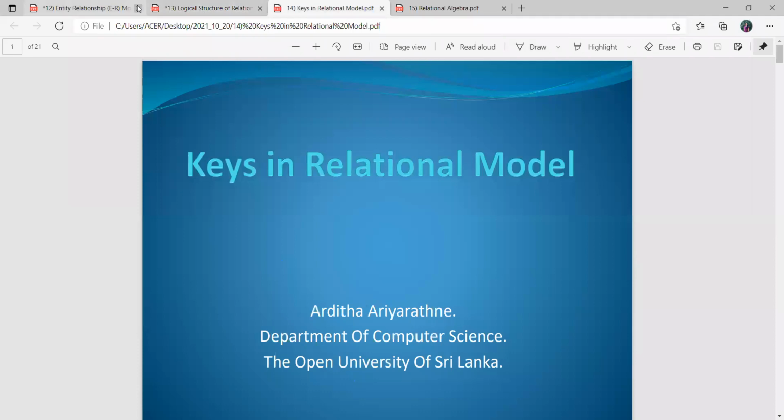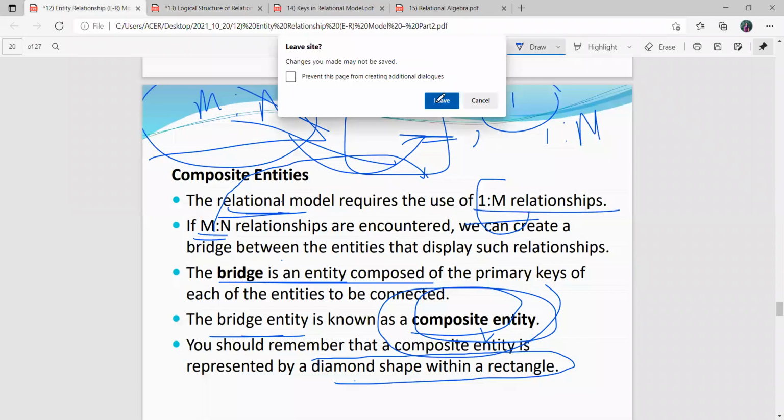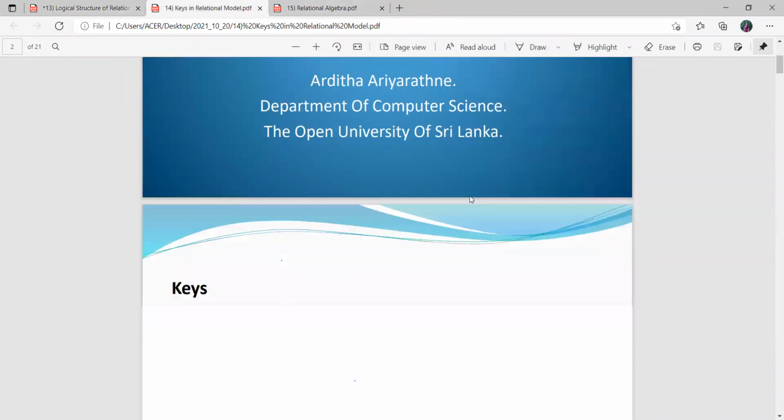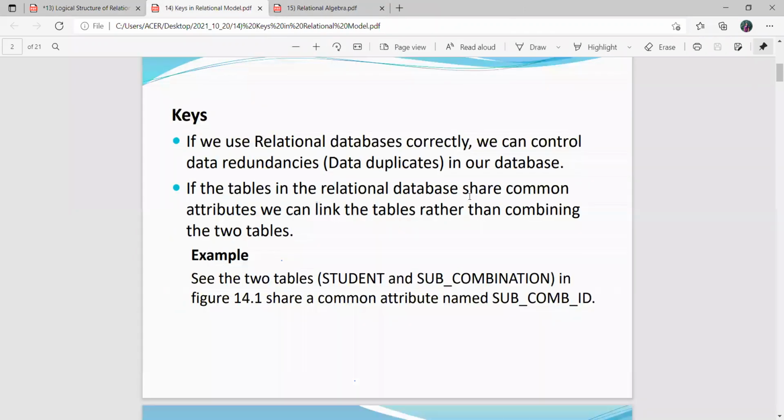Then let's discuss the keys in the tables. You already have some idea about the primary key. The primary key is used to identify or to control data redundancy or data duplication. If tables in a relational database share a common attribute, we can link the tables rather than combining two tables.